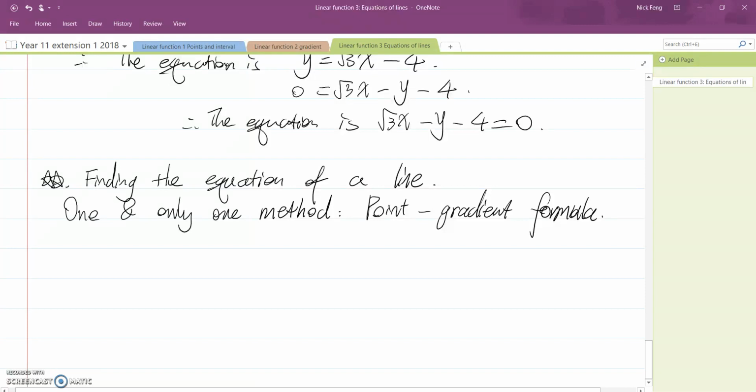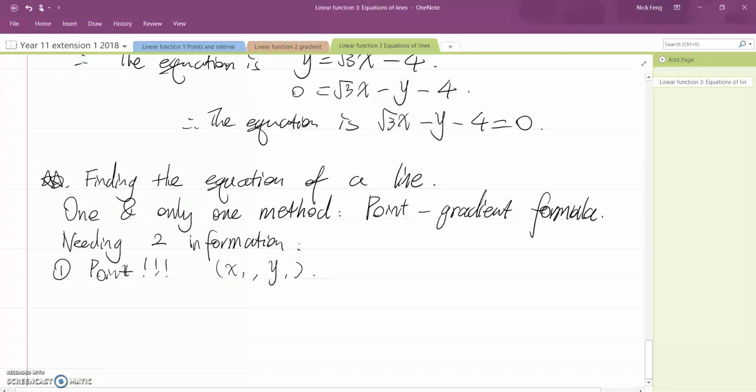Because in this case, with the point gradient formula, in other words, to find the equation of a line you just need to do two things. You require two pieces of information. First, as I said, you need a point, which is the x and y coordinates of one point the line is going through, of course.